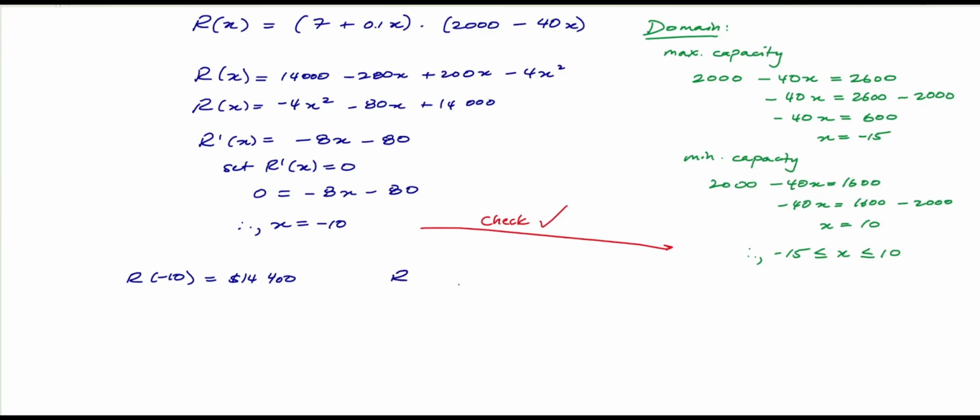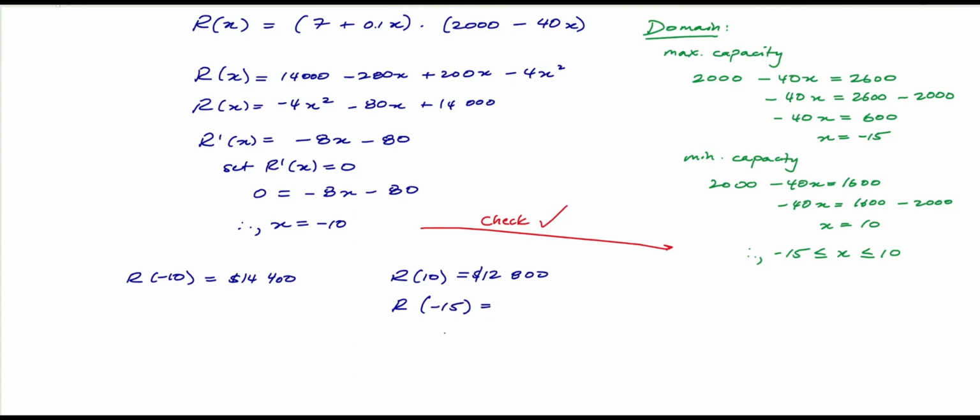Okay, that's stunning mental math right there. Now if I have 10 increments, then I'm raising the price by $1, and so I'll sub 10 into my revenue function, and I get $12,800, right? So we can already see where this is going, and let's check my other endpoint.